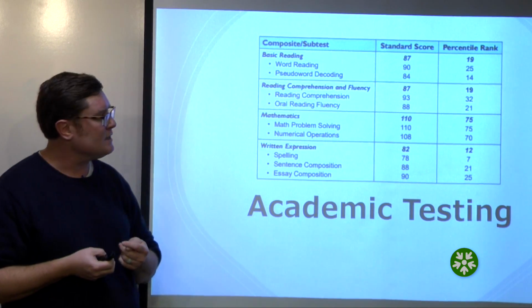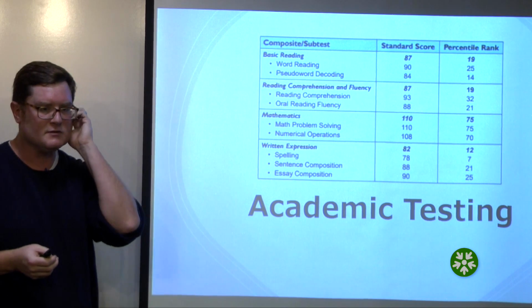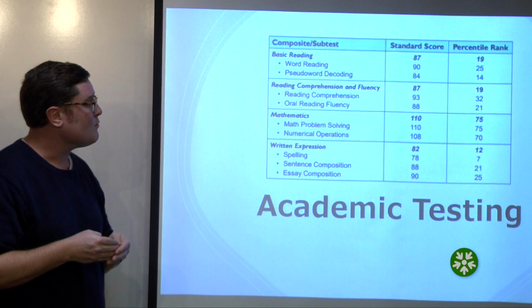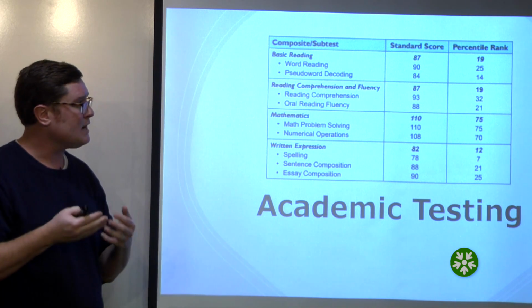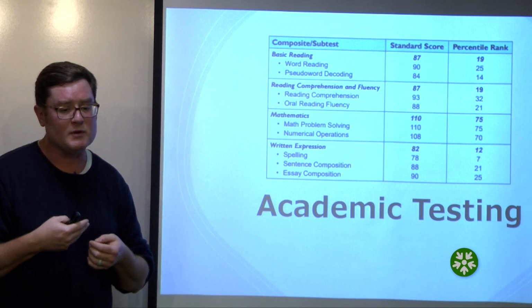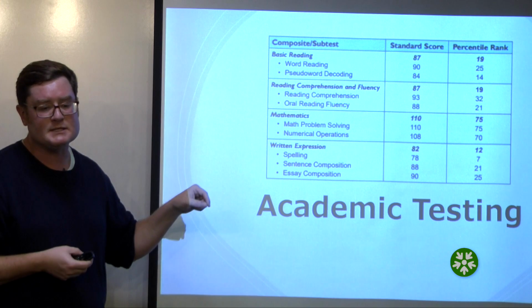I did want to talk a bit about, this presentation obviously is not about diagnosing learning disorders, but I did want to touch on that. There are two common methods to diagnosing a learning disorder. The one that we're talking about here is more of a discrepancy model.